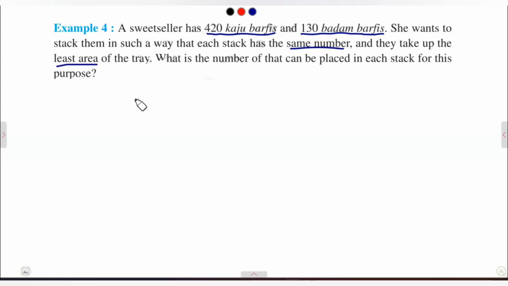Okay, let us use Euclid's division algorithm to find the HCF of 420 and 130. Here 420 is greater than 130, so let us divide 420 by 130. 13 threes are 39, so 130 times 3 would be 390.